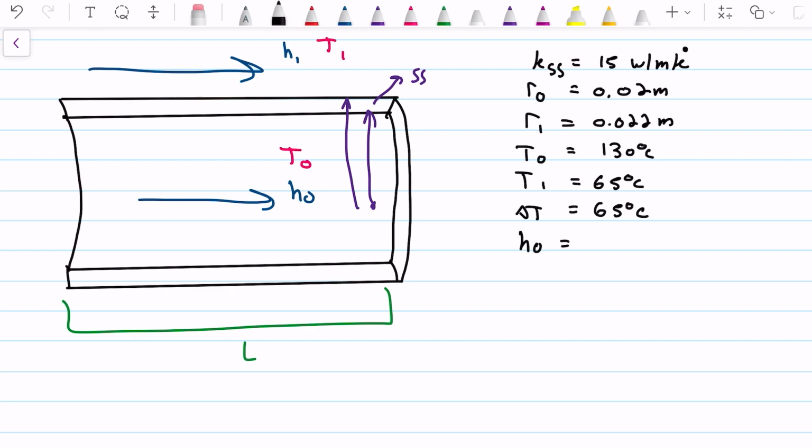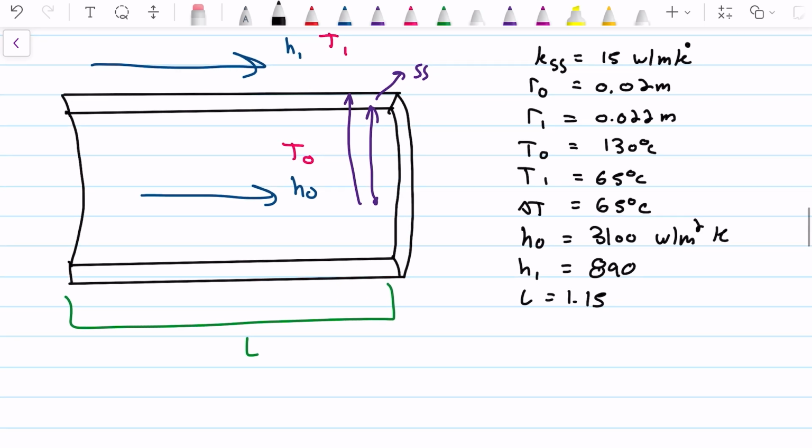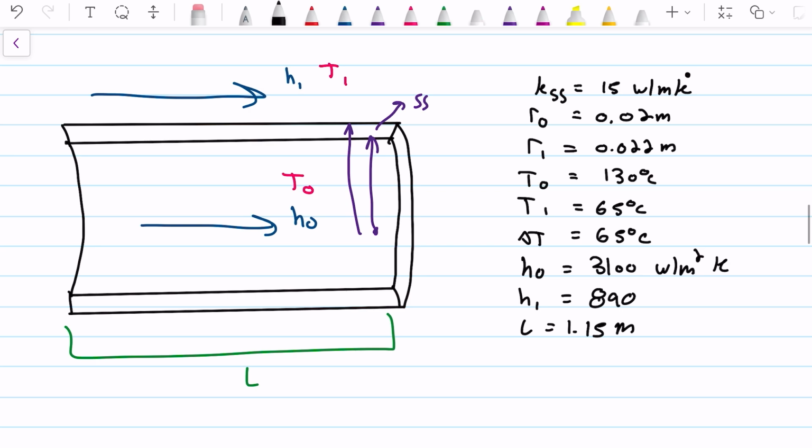Let's get our H's. And that's watts per meter squared per Kelvin. Okay. And it's a little bit higher on the inside. Okay. We got all of our values down. There's a lot of values.